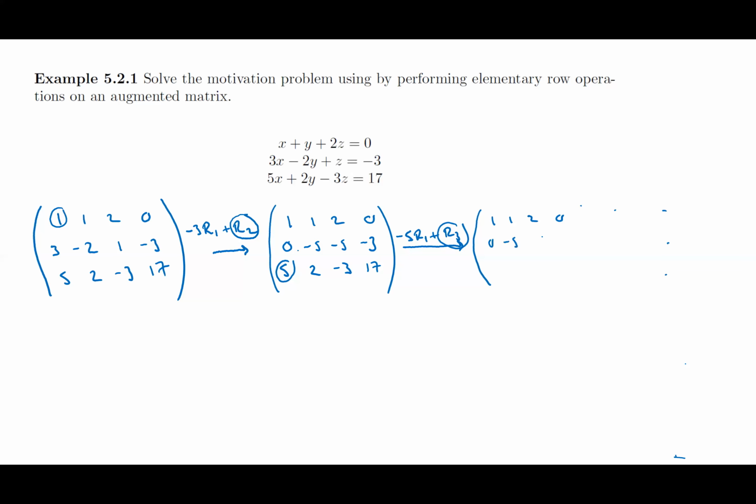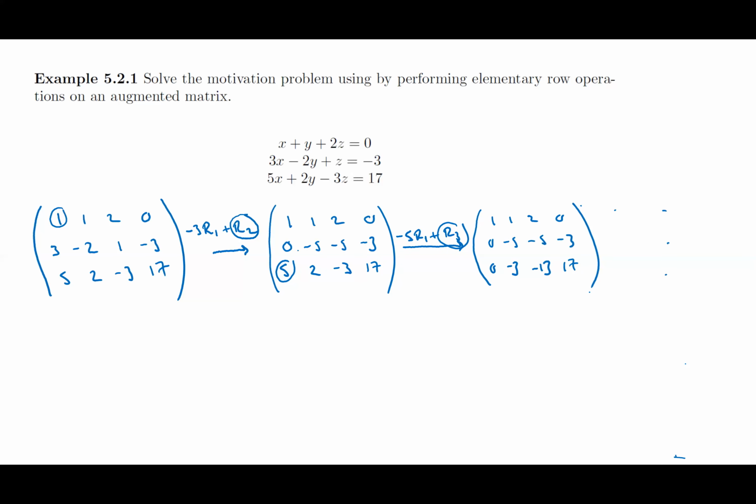My new row 2 left alone. And now I'm changing row 3. So I get -5 plus 5 is 0. -5 plus 2, -3. 2 times -5, so -10 plus -3, -13. And then -5 times 0 is 0, plus 17 is 17. Okay.